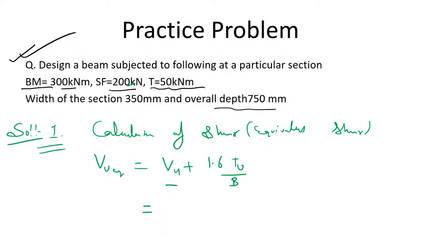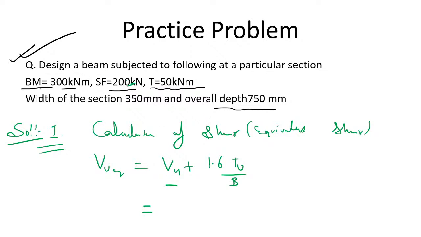Shear force is 250 kilonewton, and here we are going to apply a factored shear force. Since in LSM we are going to take the load factor of 1.5 for dead load and live load combination, and nothing has been given about the load combination, I will assume that these are the consequence due to the dead load and live load only.